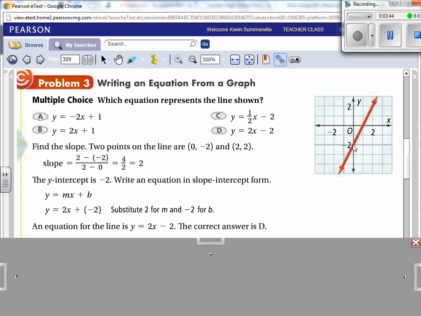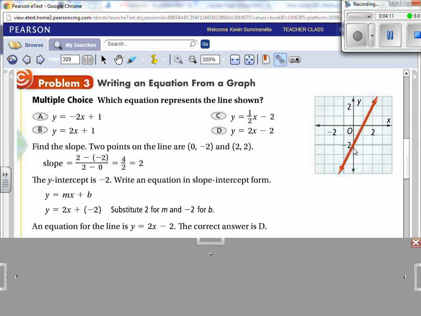You can tell it crosses here at negative 2 and also up here at 1. So starting at point negative 2, you're going to go up 2, over 1. So your slope is 2 over 1, which when you reduce that, it's 2.